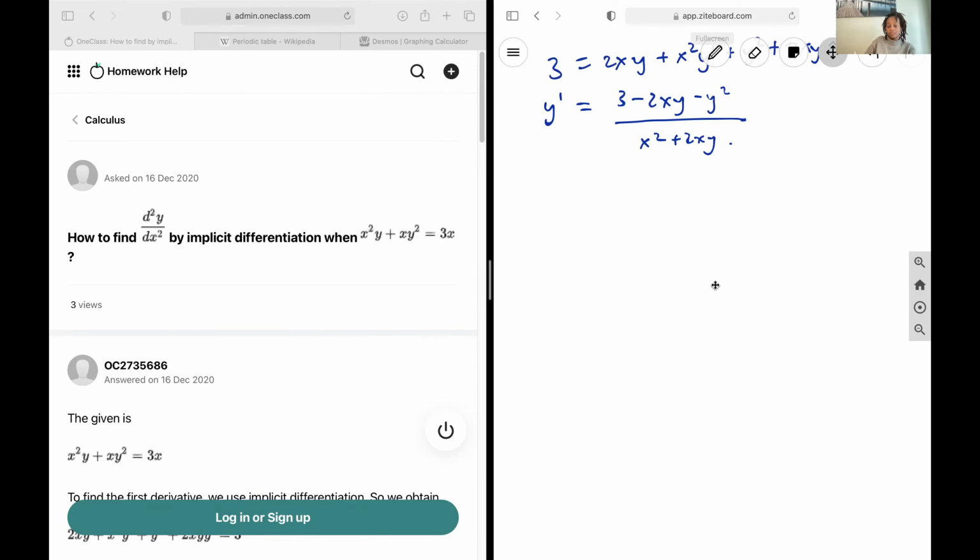So we found our first derivative. Now we want to find the second derivative, so d over dx of y prime, and we are going to be using the quotient rule. So let's just write that out.